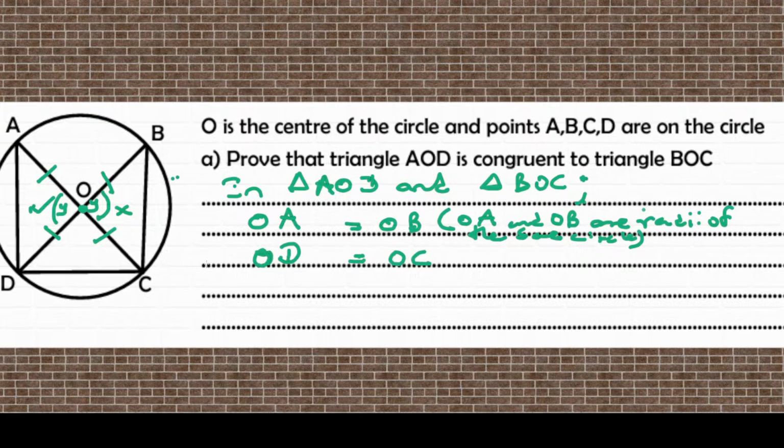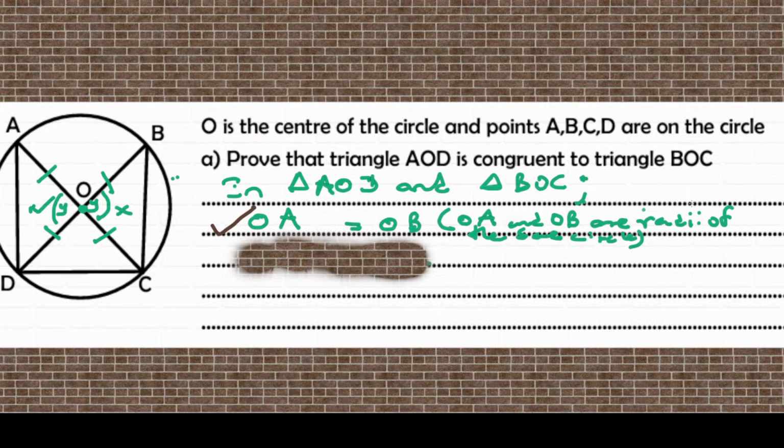Then, but let's get in order. Since we are going to use SAS, after using an S, now let's go for A. Let's go in the order, then it's easy for us to keep track. So we are done with the S. Now let's go for the A. What's the A?